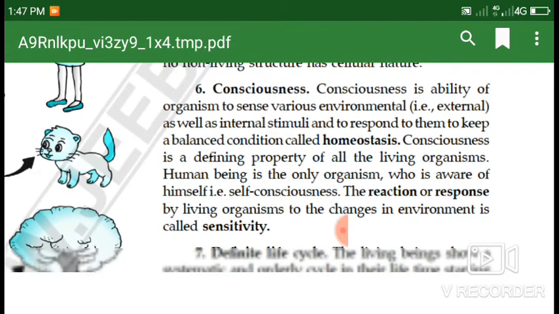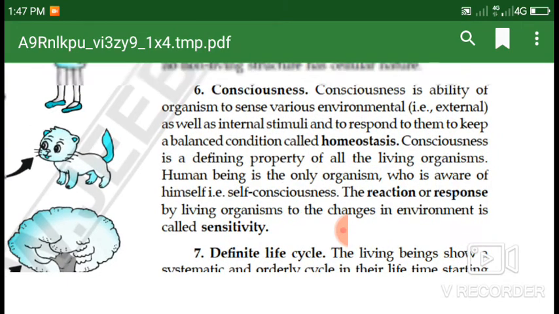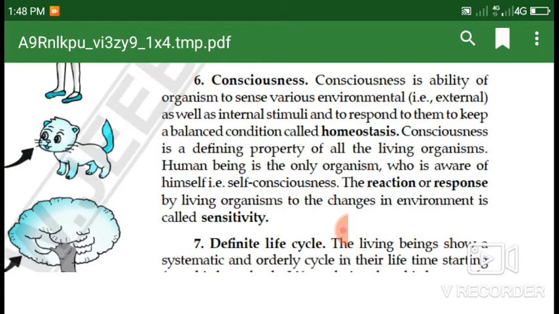Consciousness, the next thing, is consciousness. Consciousness is the ability of an organism to sense various environmental, external as well as internal stimuli and respond to them to make a balanced condition called homeostasis. For example, if there is rain, thunder, coldness or hotness, whenever you observe that, you have to adapt to that situation.